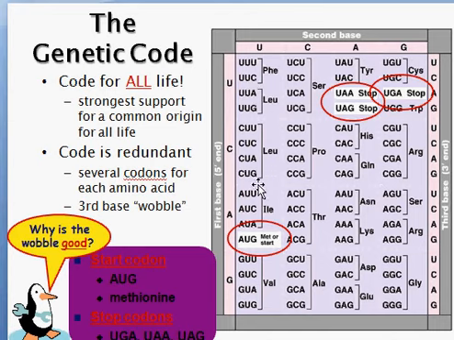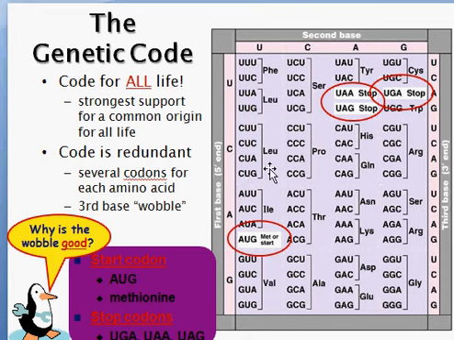Leucine's a really good example where we have all 4 different possibilities, U, C, A, and G, in combination with the first 2, CU.